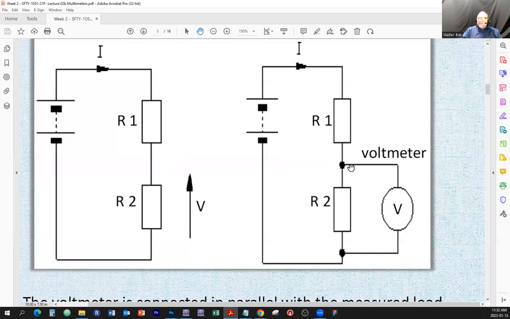So this circuit here should not be affected by tapping in with the measuring device, which means the internal resistance of the voltmeter is supposed to be as high as possible.